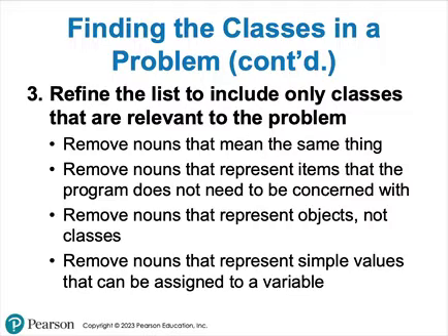And then you can remove nouns that represent simple values that you're actually going to assign. You might have said something like classic cars or cars made before 1980. Well, you might just define what year is this car, and then put that 1980 reference, if relevant, into your program code.